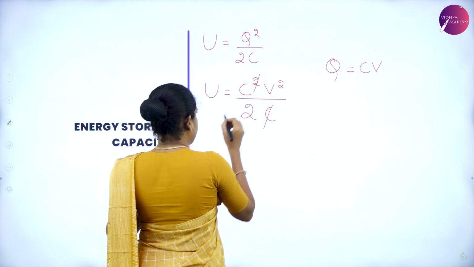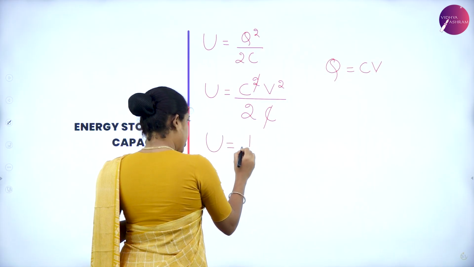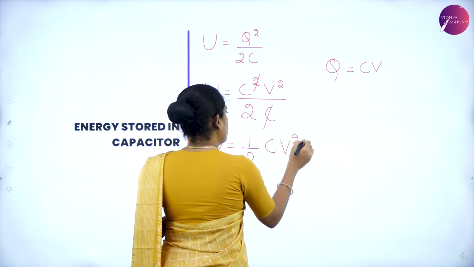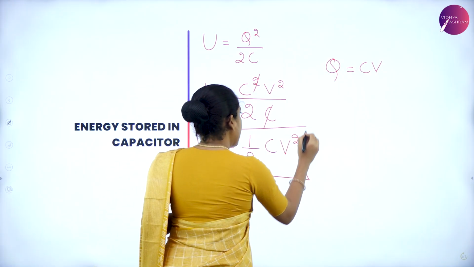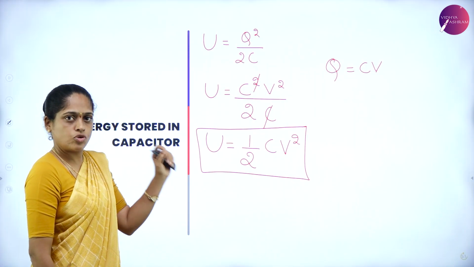One of the C gets cancelled. Then another expression for potential energy in terms of capacitance and voltage is half CV square.